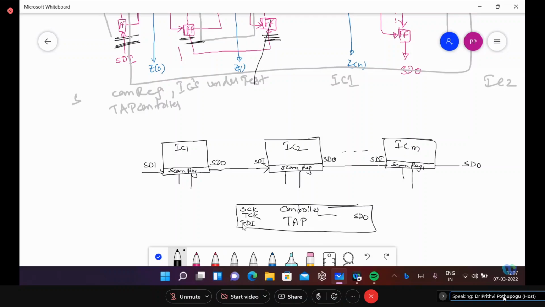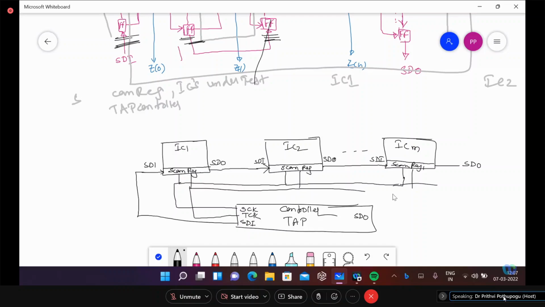That means this SDI will be given to the first set of IC scan registers, issuing the corresponding system clock and test clock signals both.